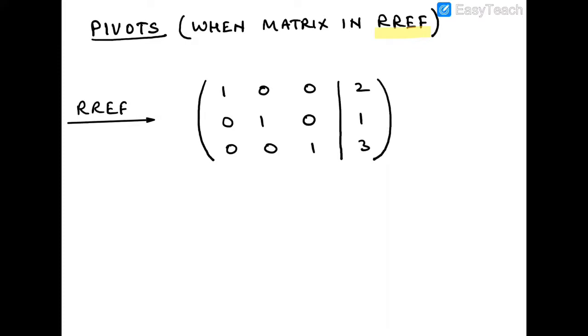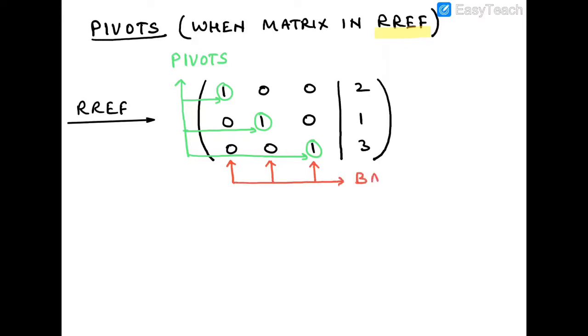So all the leading entries in rows 1, 2 and 3 are 1, and these are the pivots, and these columns that contain pivots are called basic columns, or we can say pivot columns too if you want to.